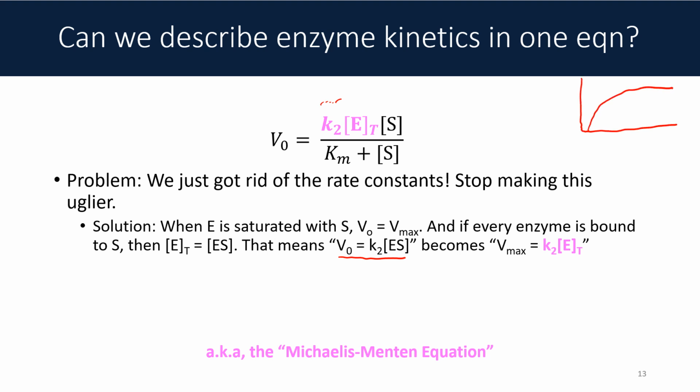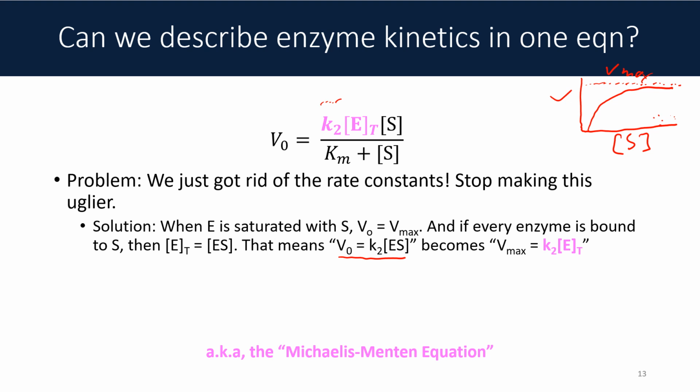It looks like a hyperbola, concentration of S on the x axis, and reaction velocity on the y, and it changes the velocity as we increase the concentration of substrate. Notice how the rates will approximate a constant value, the maximum possible velocity for the enzyme, called Vmax. Well, when the enzyme is saturated with substrate at these extreme values, V naught will equal Vmax.